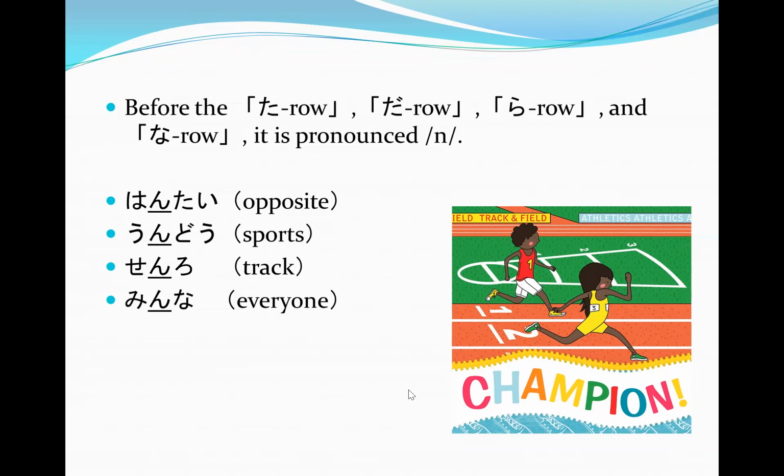Now, I'll say the English words and then you'll be responsible for saying the Japanese word. All right, let's begin. I'll give you a few seconds before I give you the right answer. All right, opposite. Hantai. Again, hantai. Opposite. Next, sports. Undo.